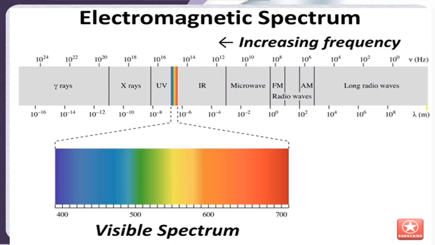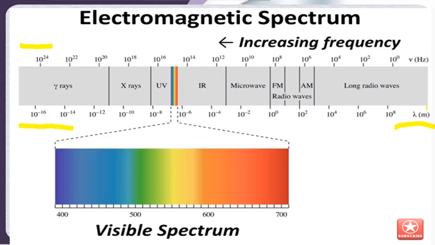You are moving from lower wavelength to larger wavelength. Here the wavelength is given in meters, while frequency is given in hertz at the top above there. So you are moving from high frequency to low frequency, while in terms of the wavelength, you are moving from the shorter wavelength towards the longer wavelength, right?